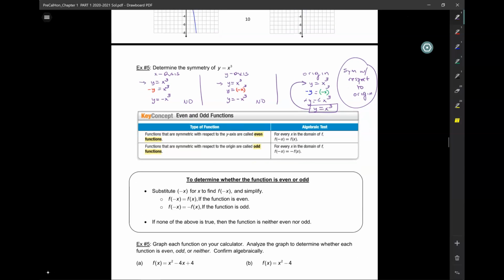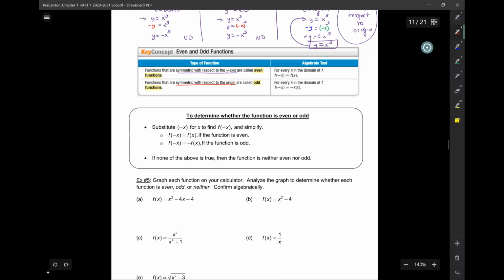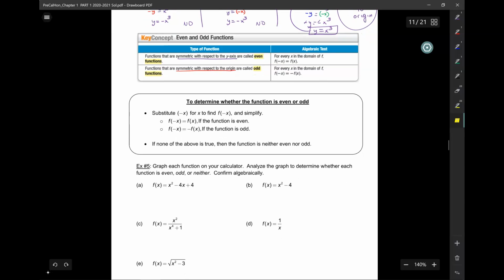Now, let's talk about even and odd functions. Functions that are symmetric with respect to the y-axis are called even functions. Functions that are symmetric with respect to the origin are called odd functions. Okay. How do we determine? Here's what you do.